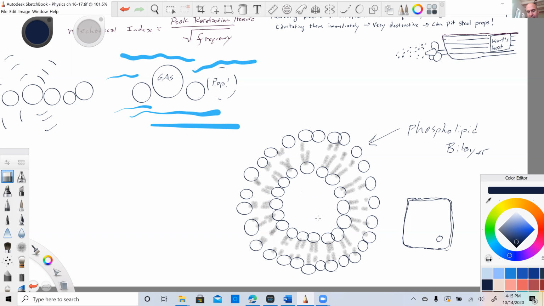Let's say you have cancer, and the doctor wants to give you a medicine that is very potent, and he only wants that medicine to be delivered to the tumor itself and nowhere else.